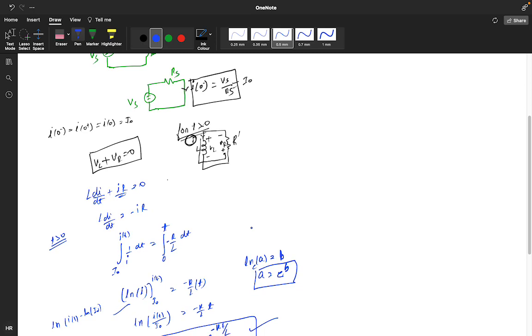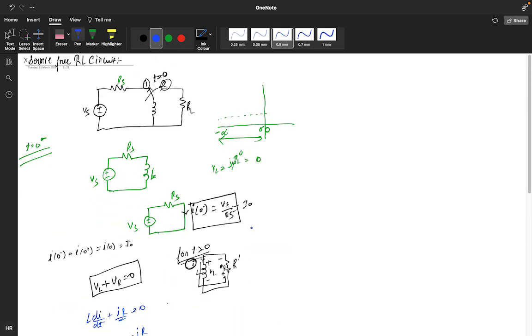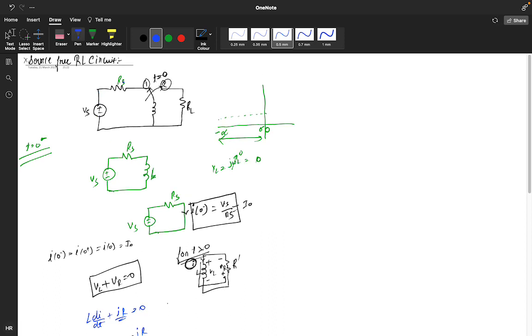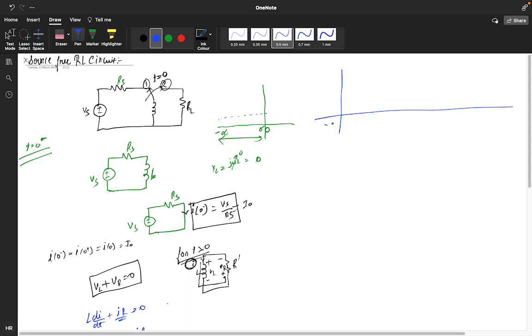So what I did is, we took one voltage source free RL circuit. We are discussing the source free RL circuit. So my source was Vs, one resistor was connected. Suppose from minus infinity to 0 time, the network was like this.